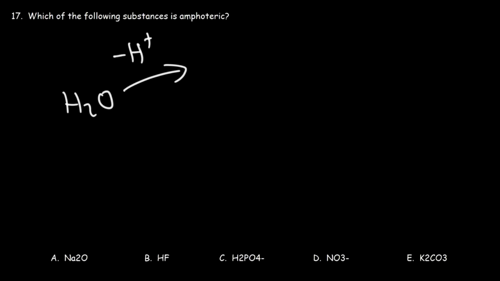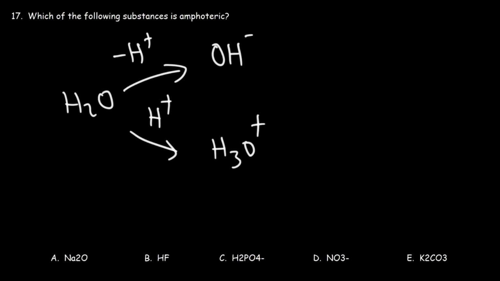If it loses a proton, it turns into hydroxide. Now water can behave as a base by accepting a proton, turning into the hydronium ion. Keep in mind, Bronsted-Lowry acids are proton donors and Bronsted-Lowry bases are proton acceptors. So because water can behave as a base by accepting a proton, or it can behave as an acid by releasing a proton, it's an amphoteric substance.